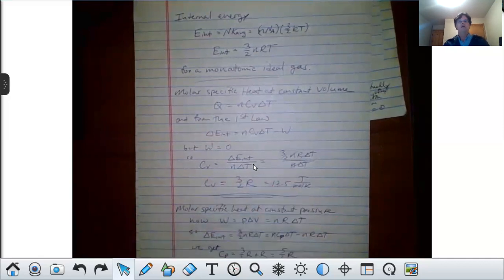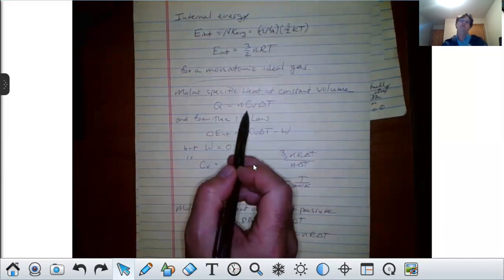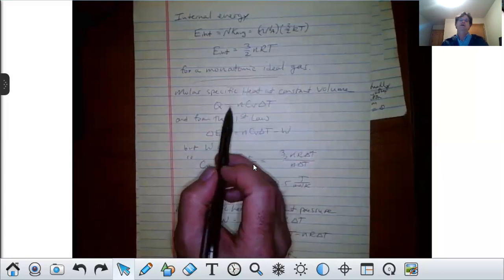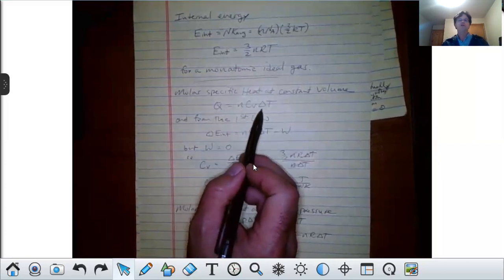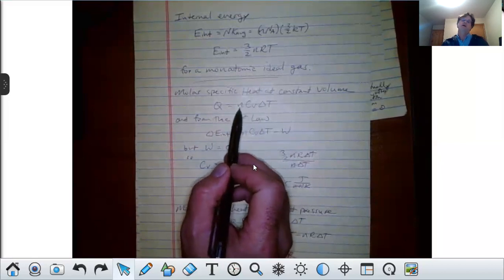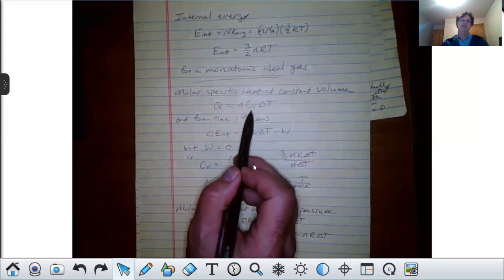So one thing we can figure out now is what's called a molar specific heat, which means the heat capacity per mole instead of per mass. So what we mean then is that the heat absorbed or lost by the gas is proportional to the change in temperature by the number of moles times this molar specific heat.